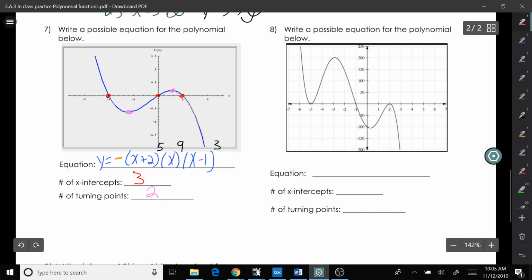Number 8. Write a possible equation for the polynomial below. So again, I'm going to look at my zeros. I have 3 different x-intercepts, and 1, 2, 3, 4 turning points.